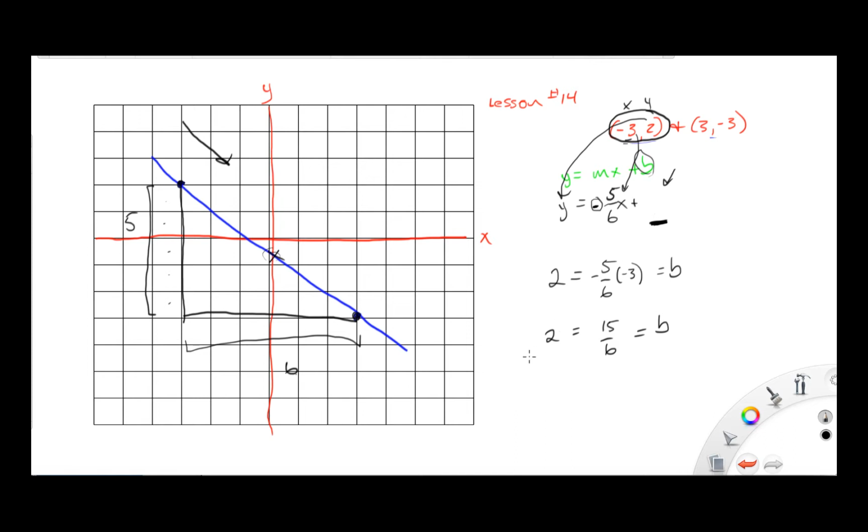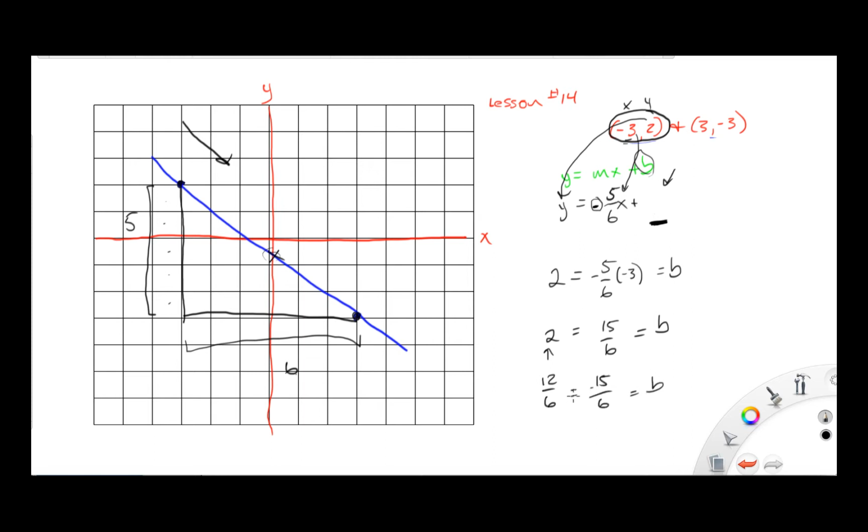We have to give, because we're dealing with fractions here, we have to give 2 a fraction. Okay, how do we make 2 a fraction with a denominator of 6? Well, we can change 2 and make 12 over 6, because 12 over 6 does equal 2, equals 15 over 6 plus b.